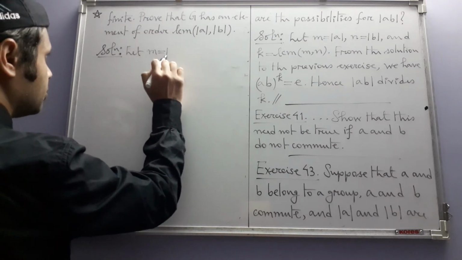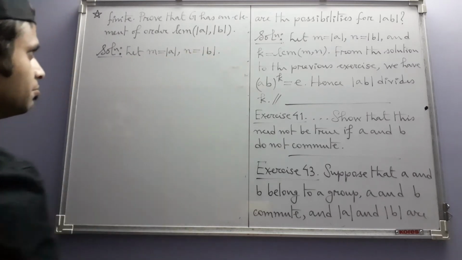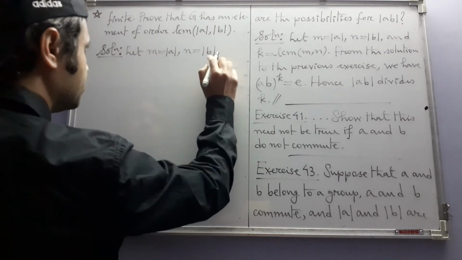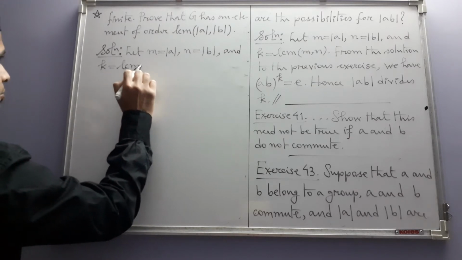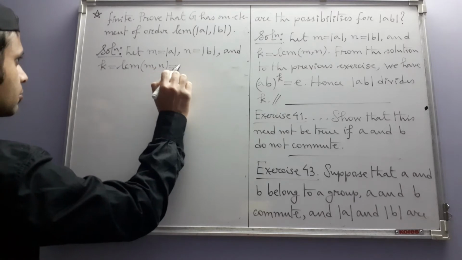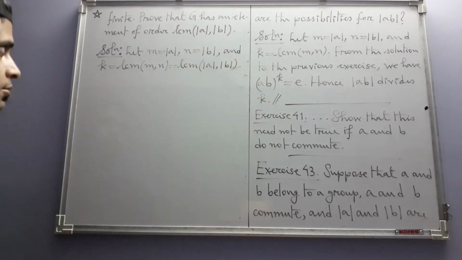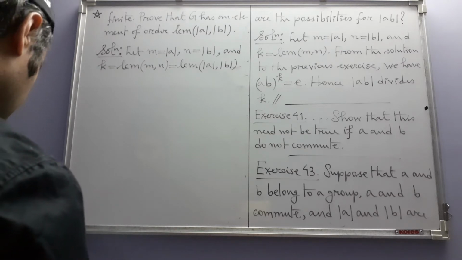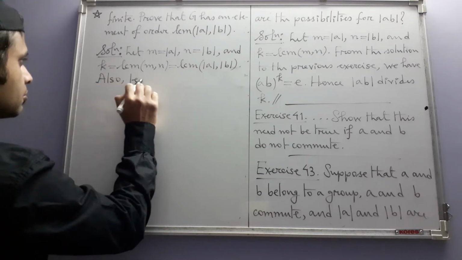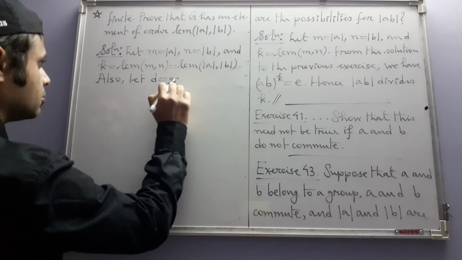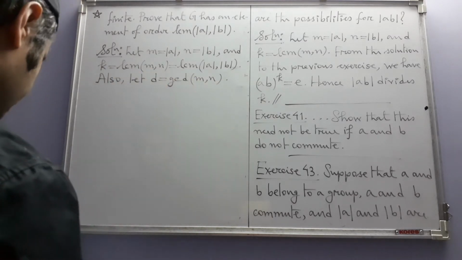Let M be the order of A, N be the order of B, and K be the least common multiple of the orders of A and B. Also, let D be the greatest common divisor of M and N. That also we will need here.